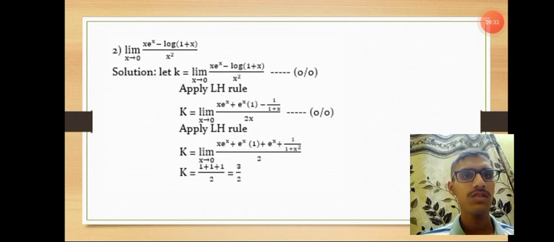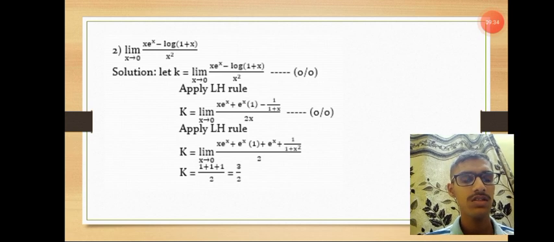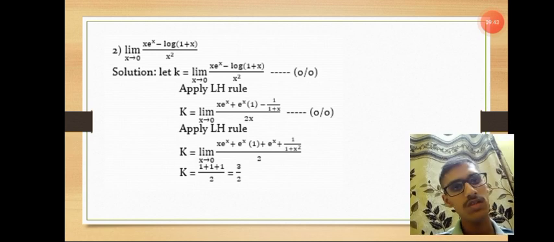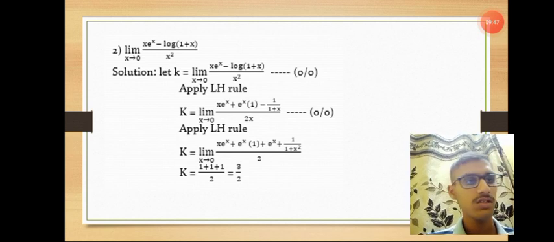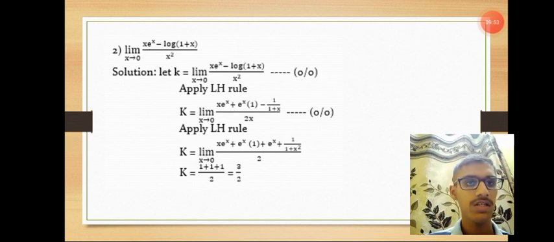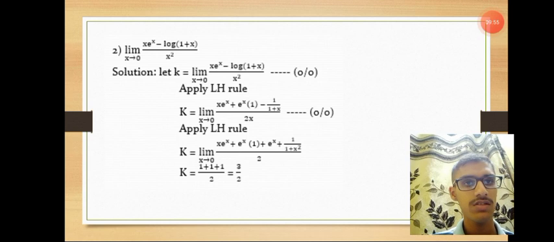Limit x tends to 0, x into e to the power x minus log of 1 plus x divided by x square. Let's consider it is equal to k. After considering it is equal to k, we have to apply L'Hospital rule and differentiate it. Then we get k equals limit x tends to 0.